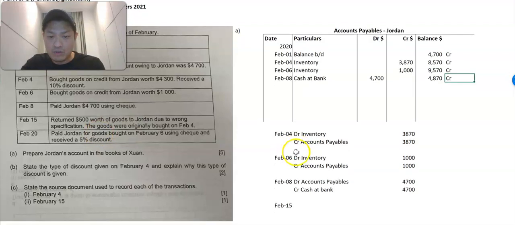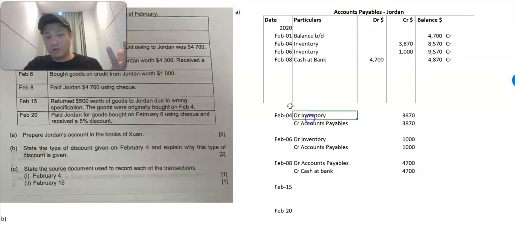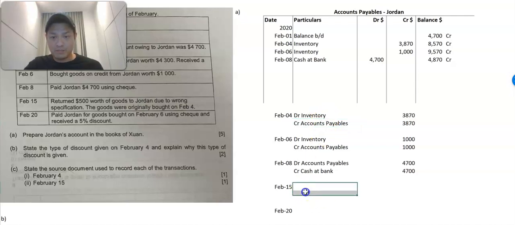Okay, so what is the double entry here? When you buy goods, your inventory goes up and your accounts payable goes up as well. So when you return goods, it's the opposite. Just put the opposite entry of when you buy goods, and the amount is 450.